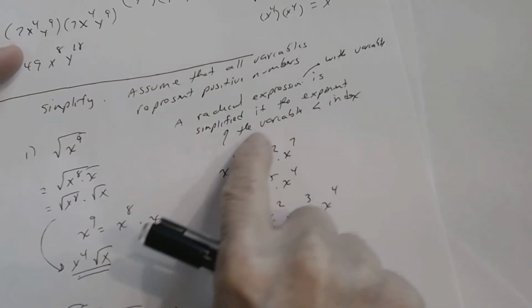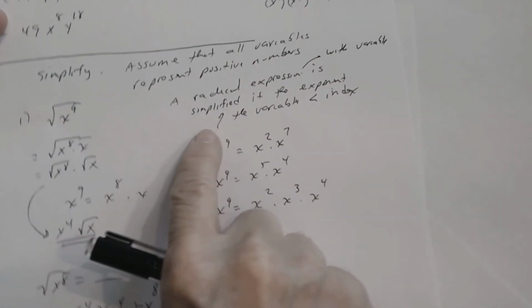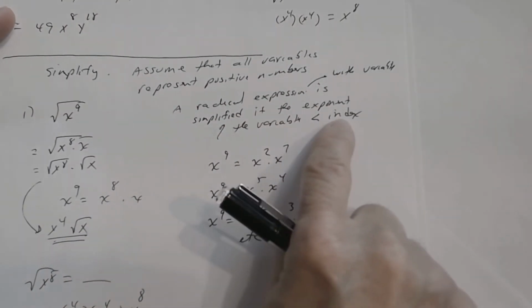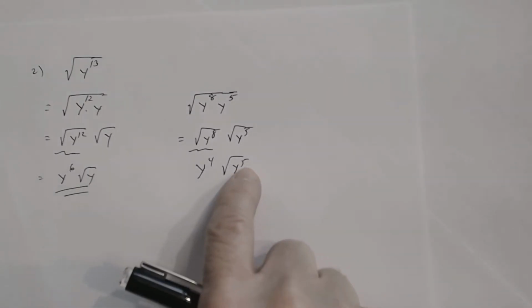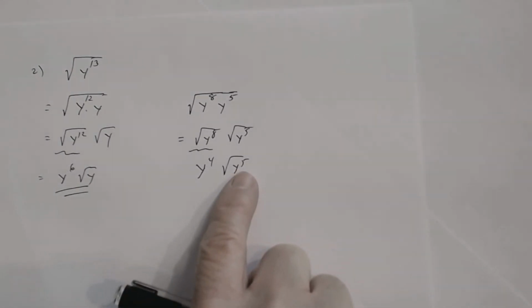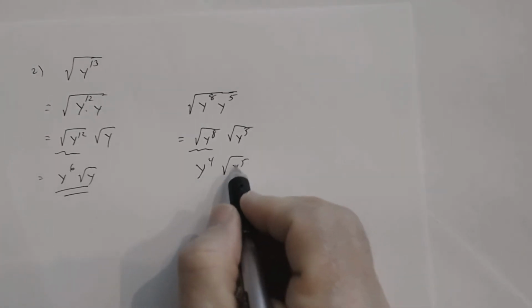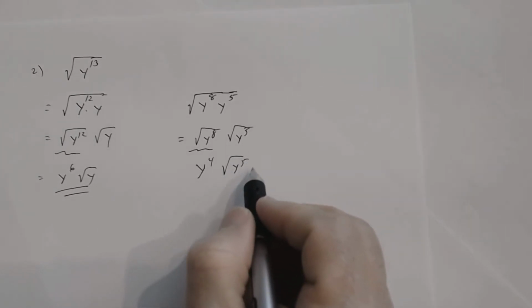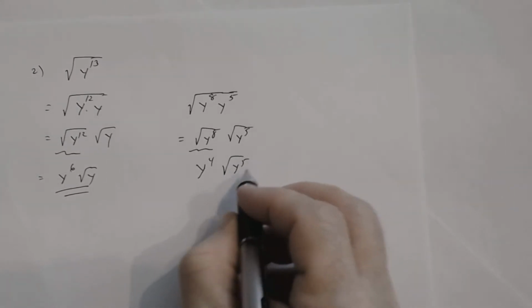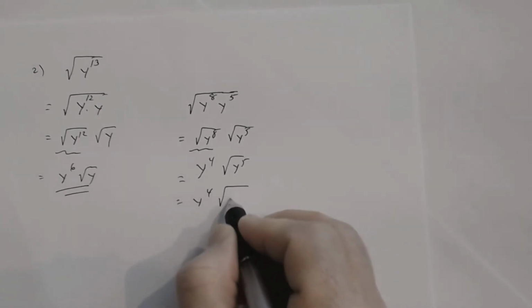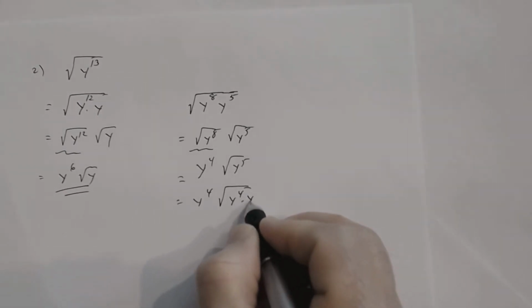The reason is that in order for it to be simplified, the exponent of the variable has to be less than the index, and it's not here. So then you've got to think about, all right, how can I rewrite y to the 5th? Well, let's use 4, because the largest number less than 5 that's even is 4. So that becomes y to the 4th times the square root of y to the 4th times y, right?